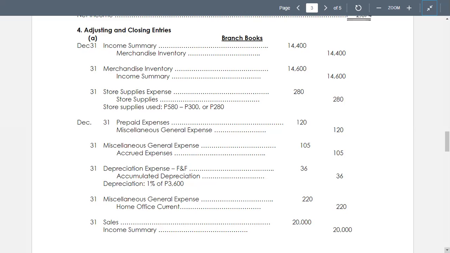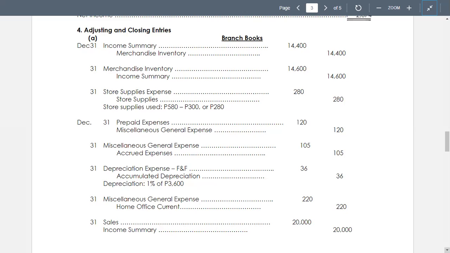A cash remittance of 1,500 had been recorded on the branch books, but the cash had not yet been received by the home office and no entry has been made. So we have now cash in transit, already recorded by the branch but not by the home office, because it is still in transit.